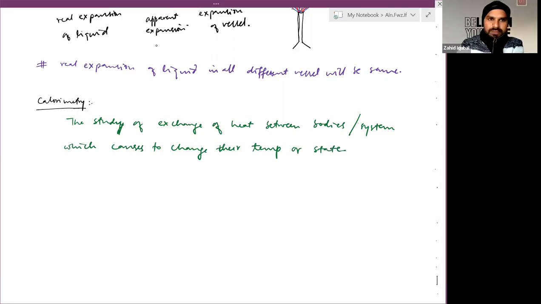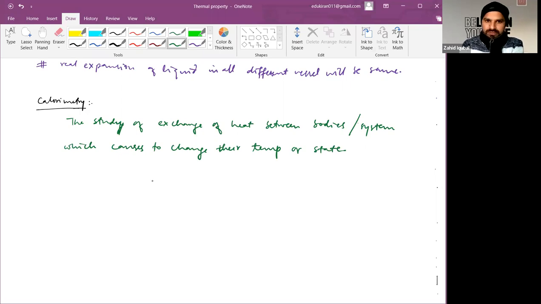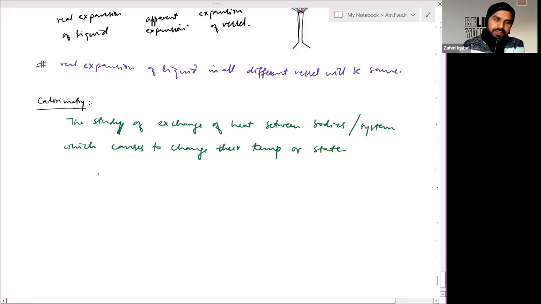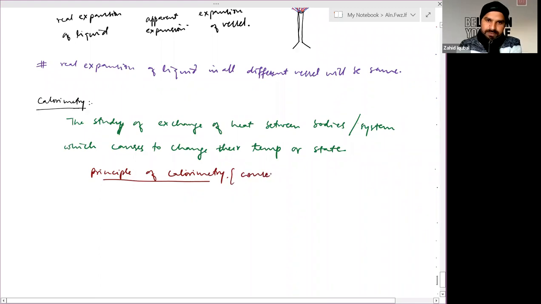So the principle of calorimetry is based on conservation of energy. So we can say the principle of calorimetry is simply based on conservation of energy.